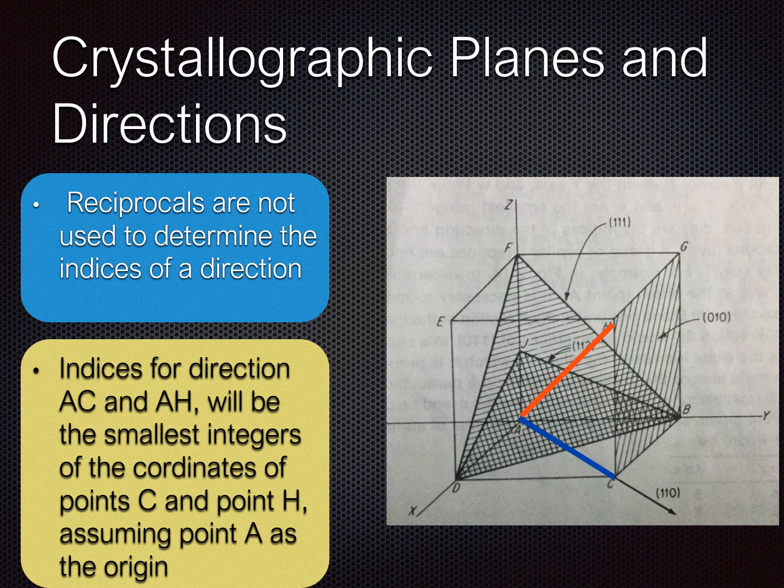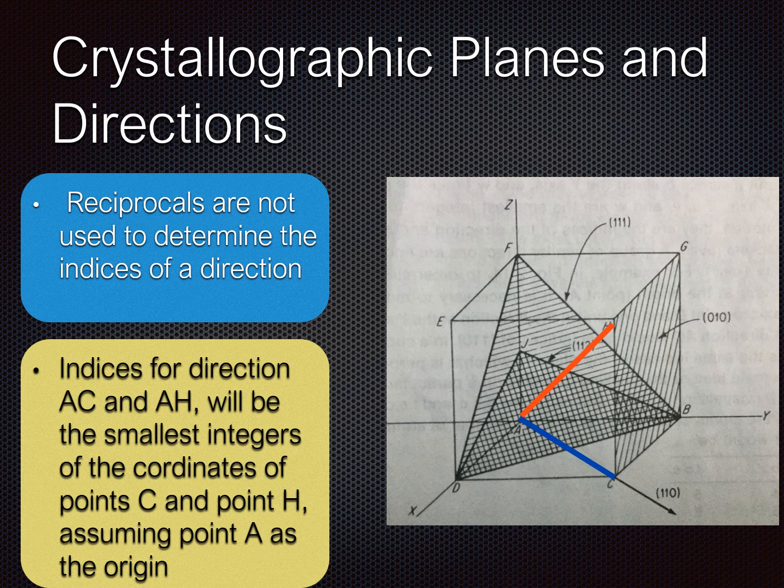In a cubic crystal, the direction has the same indices as the plane to which it is perpendicular. That means direction AC having Miller indices 1, 1, 0 is perpendicular to a plane that has similar indices, 1, 1, 0.